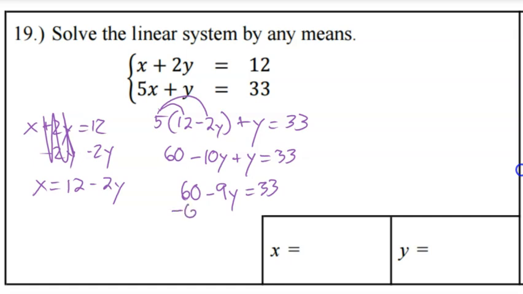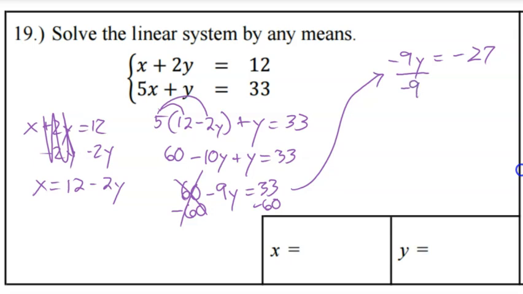Now we subtract 60 from both sides, so this cancels. We have negative 9y equals 33 minus 60, which is negative 27. Divide by negative 9 to solve for y: negative 27 divided by negative 9 is 3. So y is equal to 3.